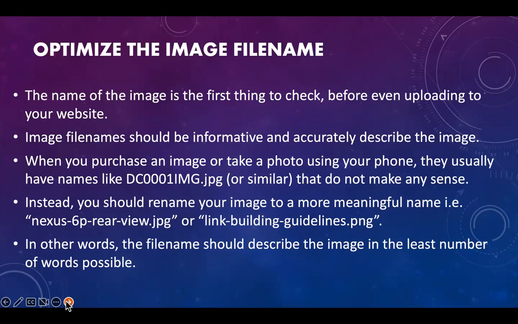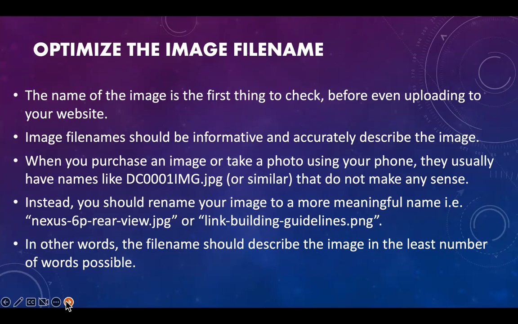The first thing is optimize the image file name. And how do you do this? The name of the image is the first thing to check before even uploading the image to your website. Image file names should be informative and accurately describe the image. When you purchase an image or take a photo using your phone, they usually have names like DC0001 image or similar.